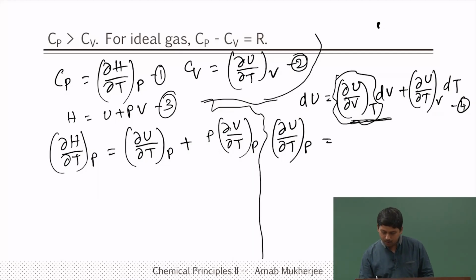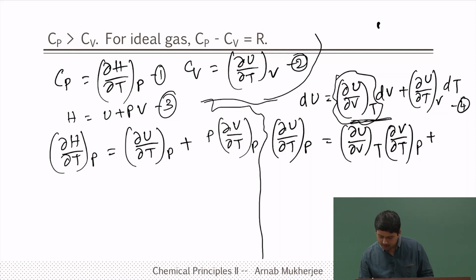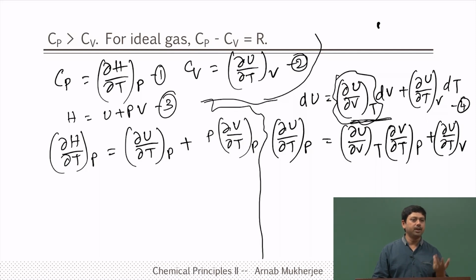So now I will write it here again: del u by del t at constant p is del u by del v at constant t, times del v by del t at constant p, plus del u by del t at constant v, because dt by dt will cancel, giving 1, even if it is at constant pressure.